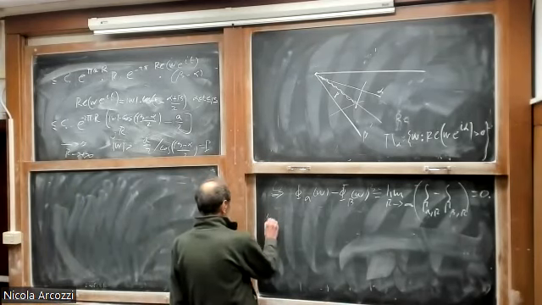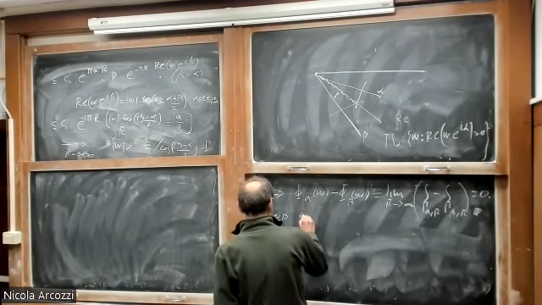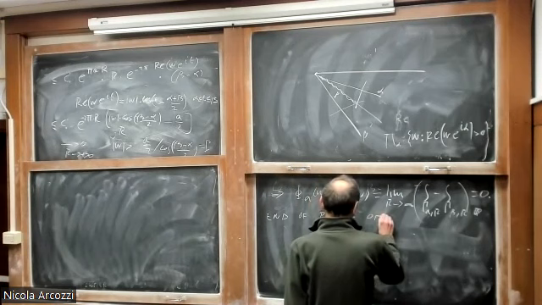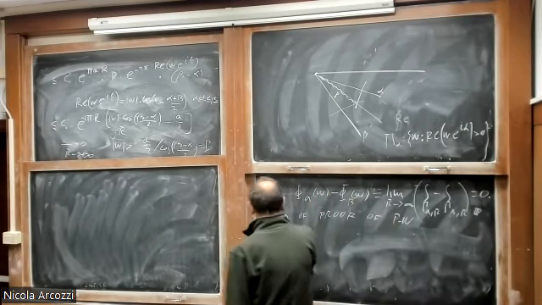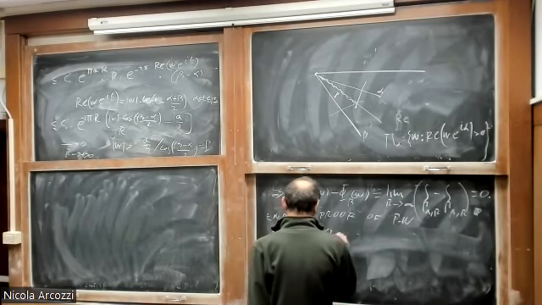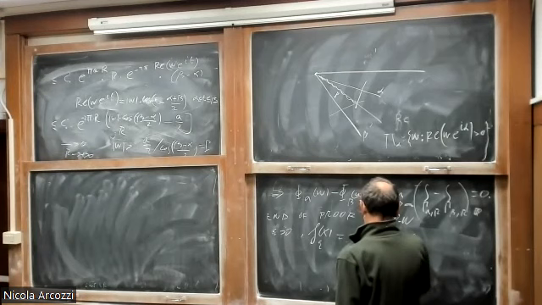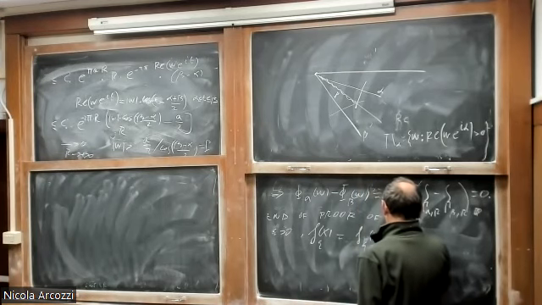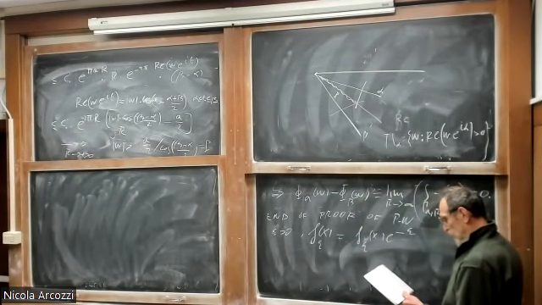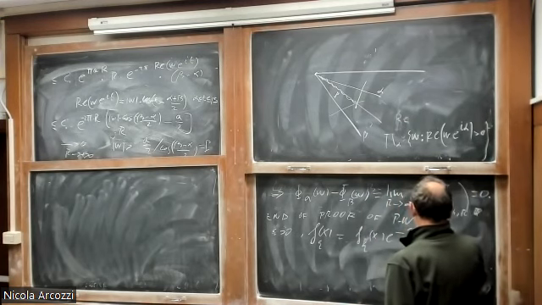So for epsilon greater than 0, let f epsilon be the usual smoothing of the Fourier transform of f, with e to the minus epsilon x squared.